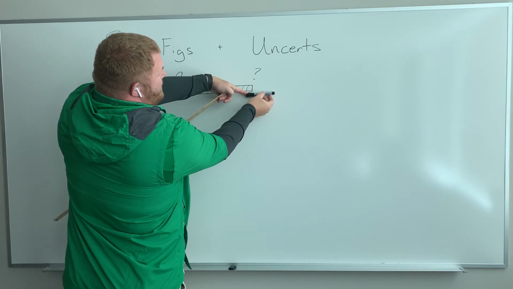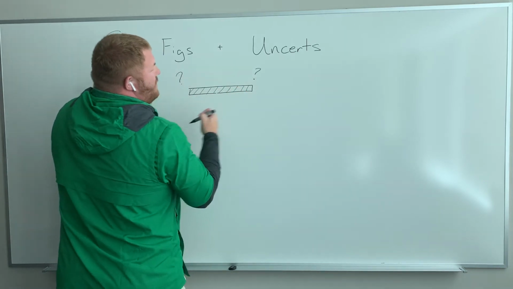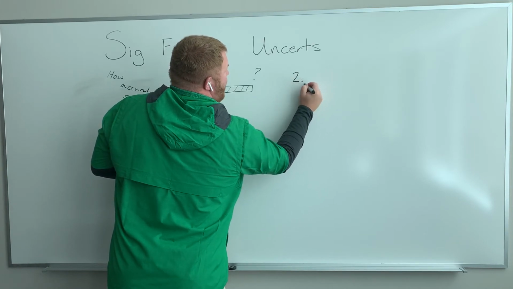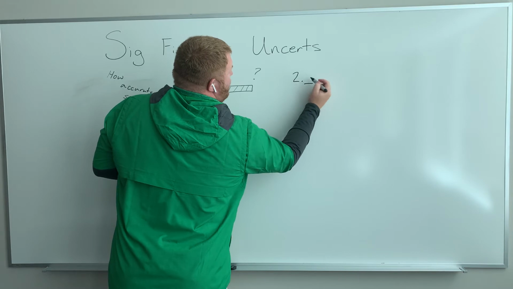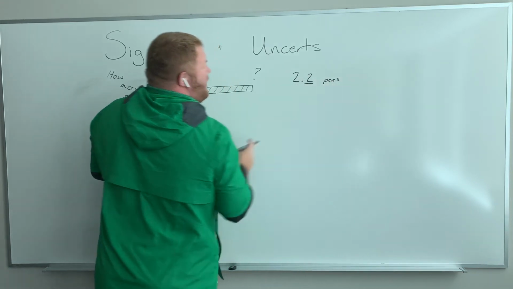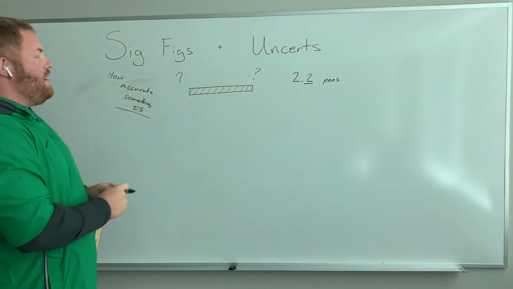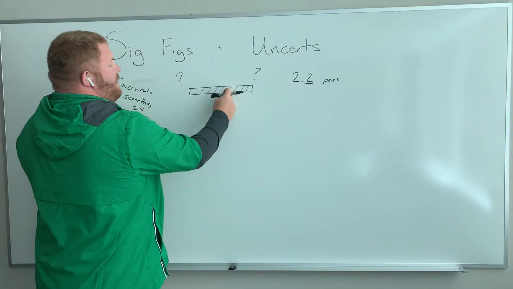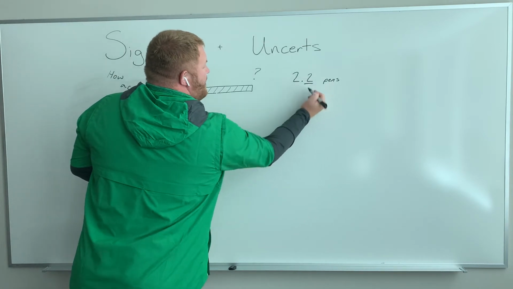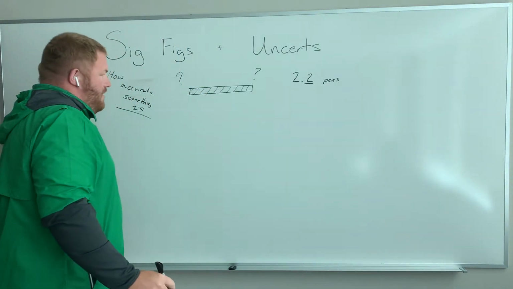So in pens, I'd say that that's probably 2 point, and I had to estimate, I'm going to say that that's 0.2 lengths of pens. Does that make sense? Because I only know that there were 2 lengths of pens for sure, and I had to estimate that 0.2.